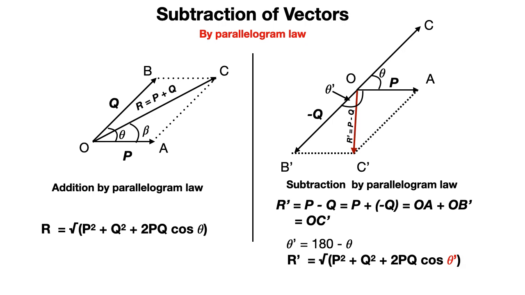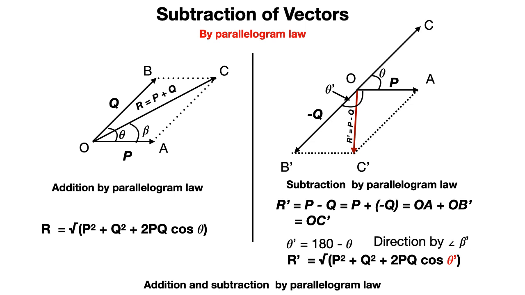So this is an analytical method, showing addition and subtraction of vectors by the parallelogram law of vector addition. Direction is given by angle beta dash.